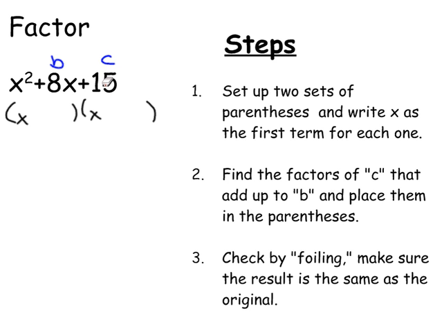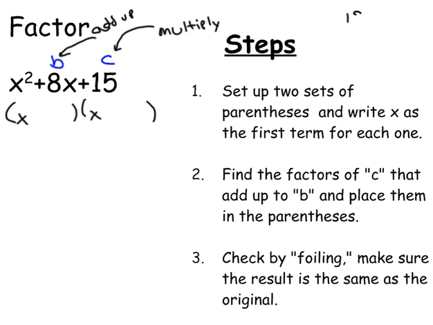In other words, you need to find the numbers that multiply to 15. So they have to multiply to 15. Factors implies multiplication, and they have to add up to 8. And there's only one unique combination of numbers that can do that.